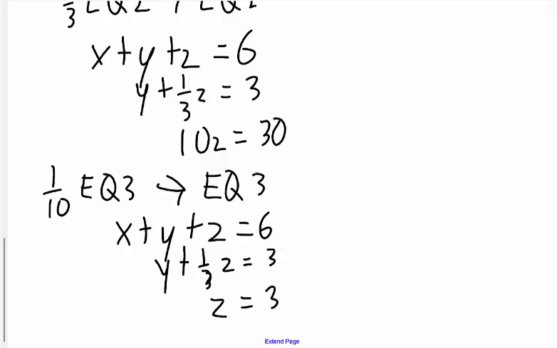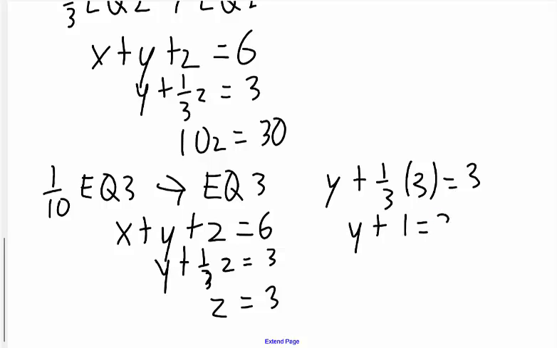So now we can do our back substitution. So z equals 3, we can say that y plus 1/3 times 3 equals 3. 1/3 times 3 is 1, so y plus 1 equals 3.